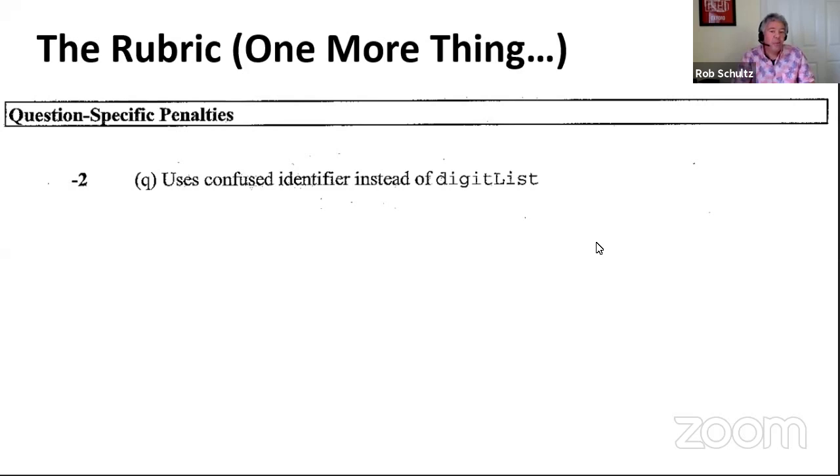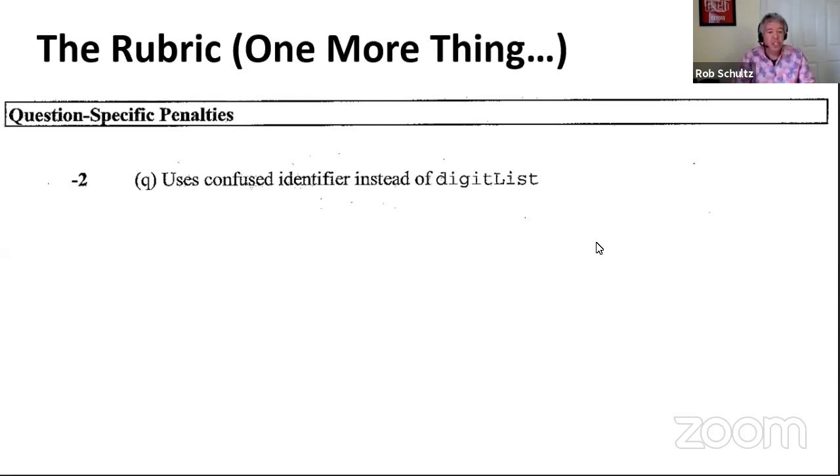If you accidentally went through and created a new array list called mylist or dig list or digits, or anything other than digit list, looking at the points on the rubric, that would be a lot of points that were lost simply because you misnamed your array list.